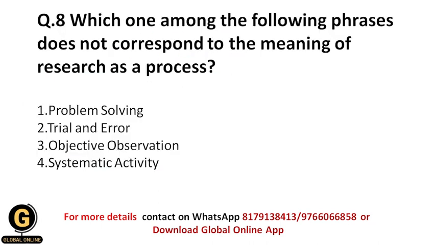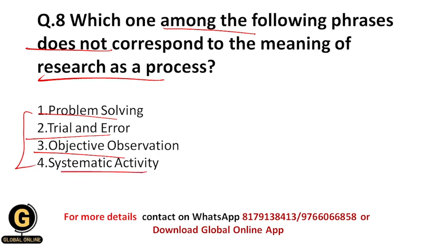Okay, which one among the following phrases does not correspond to the meaning of research as a process? So from these options, which is the phrase which does not correspond to the meaning of research as a process? So whether it is problem solving, whether it is trial and error, or objective observation, or systematic activity.